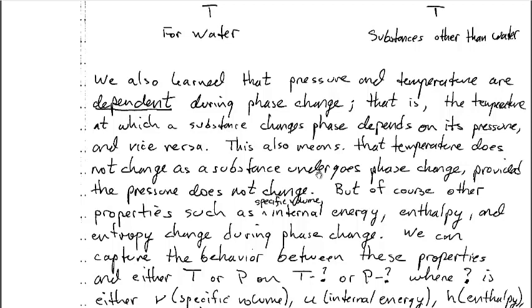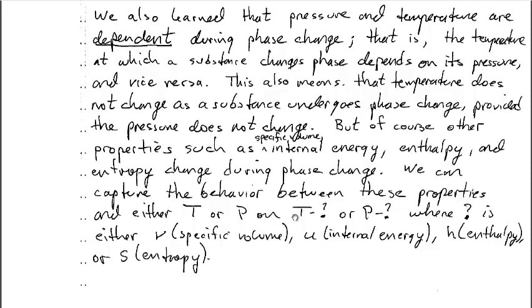But of course, other properties do change, right? So things like specific volume, internal energy, enthalpy, and entropy all change during phase change. And we capture the behavior of that phase change on a temperature volume, or temperature enthalpy, or temperature internal energy, or temperature entropy diagram, or PV, PU, PH, or PS diagrams.